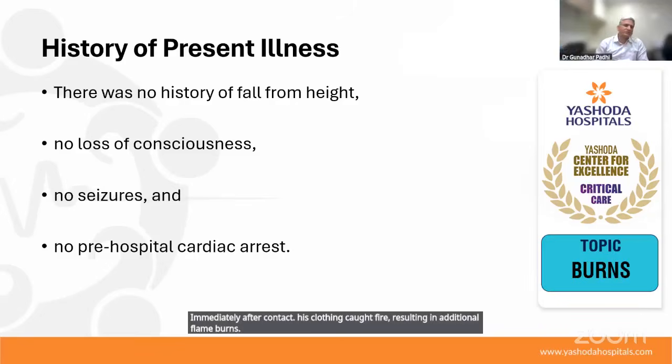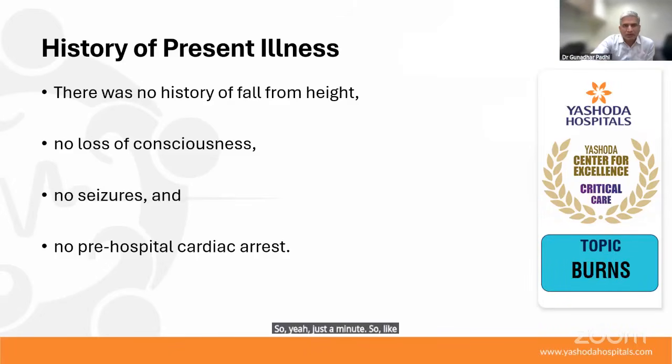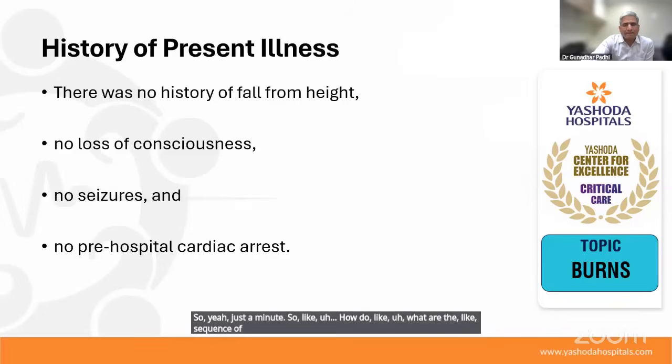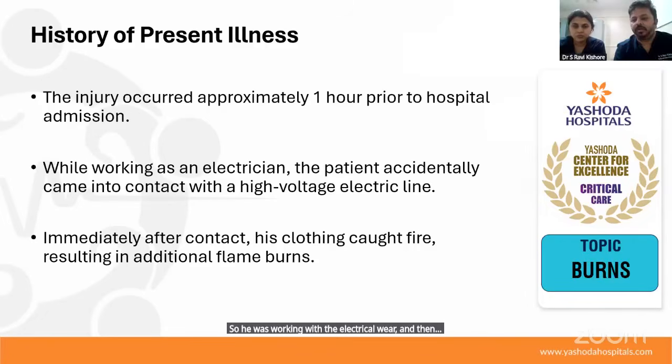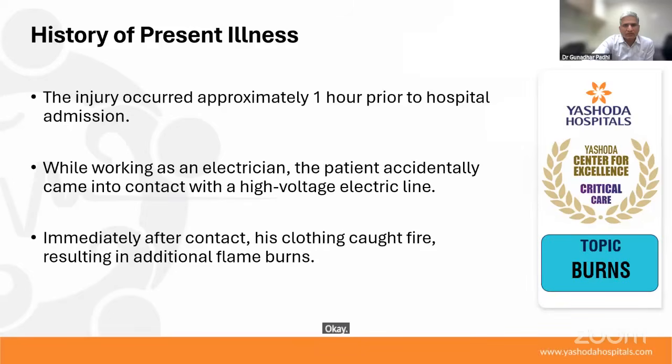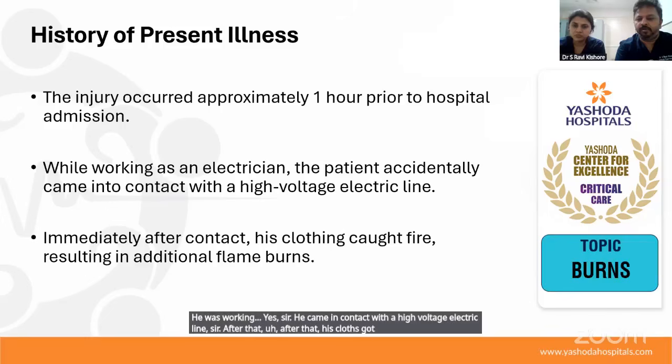So just a minute, what is the sequence of events? He was working with the electrical wire and came in contact with a high voltage electric line, and after that his clothes caught flame, sir.